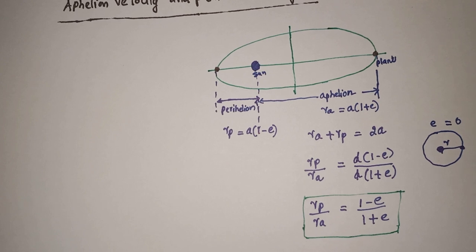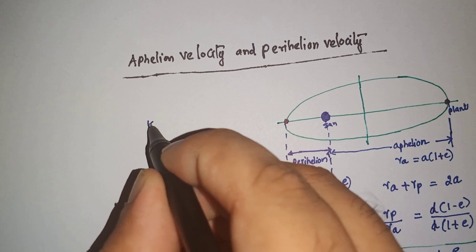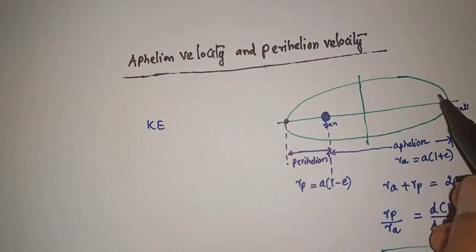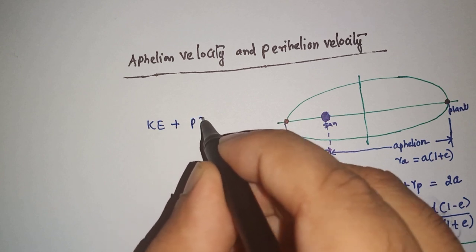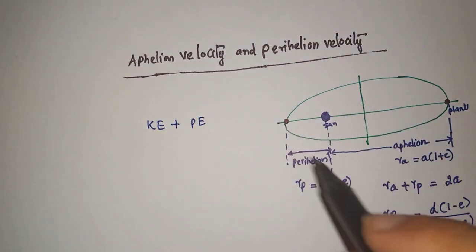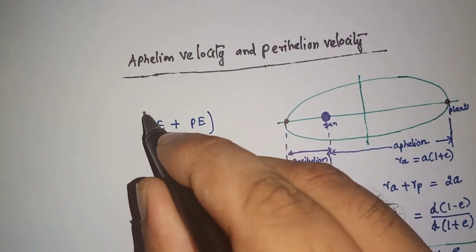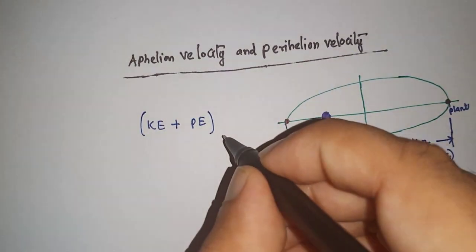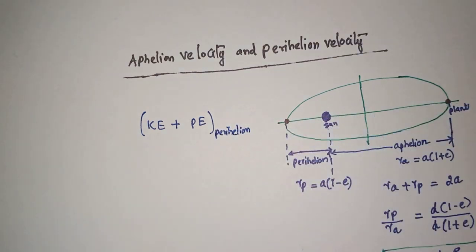Now let's say we have the kinetic energy of the planet orbiting around the sun, and we have the potential energy also. We are more interested in the perihelion first.